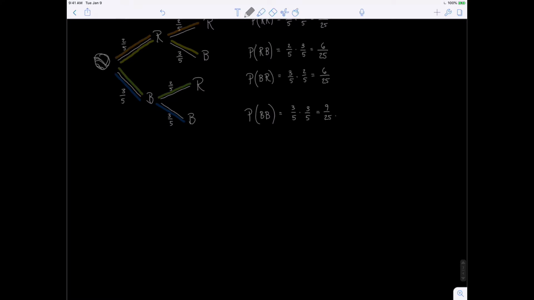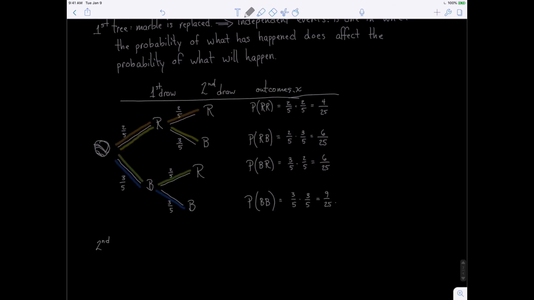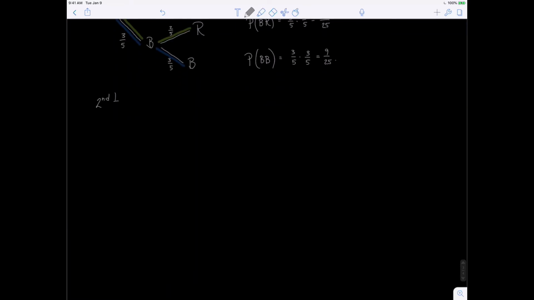So this time, we're going to do our second, what did we call it? Second tree. Our second tree is once a marble is drawn, it is withheld.